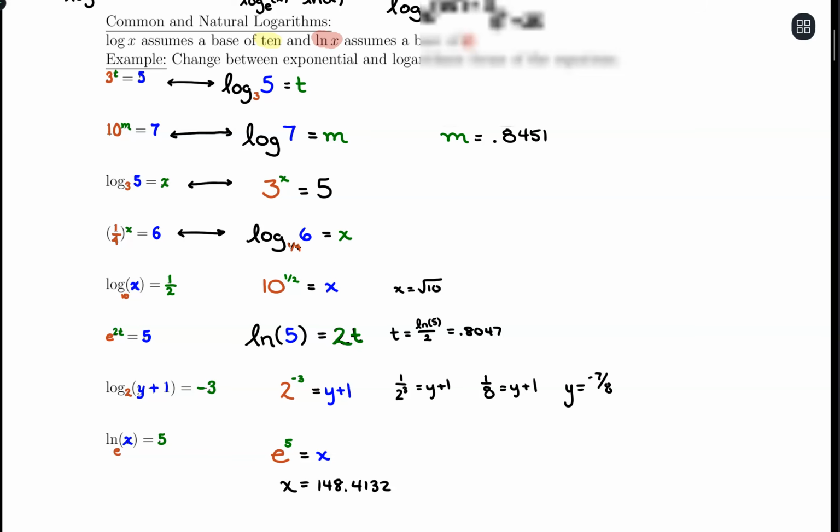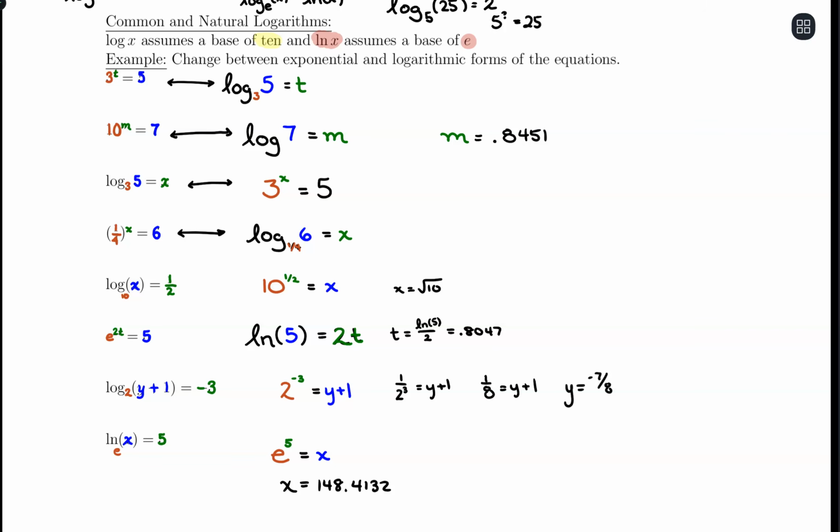Okay, so I know I use lots of colors here so you could follow those, but just the base of an exponent lines up with the base of the logarithm. The exponent in the exponential form, this is going to sound weird, but it's going to line up with being one side of the equation. So whenever you have logarithm equals something, that something is an exponent.